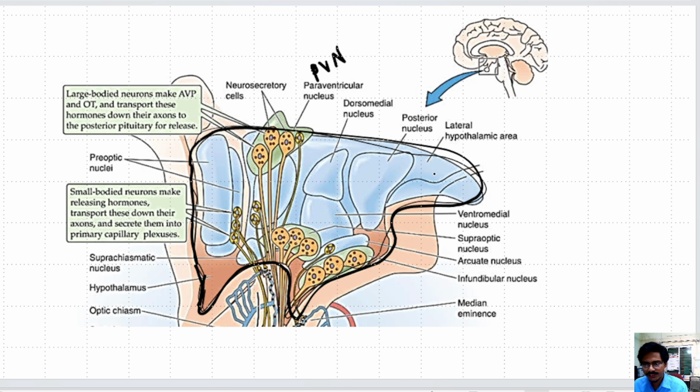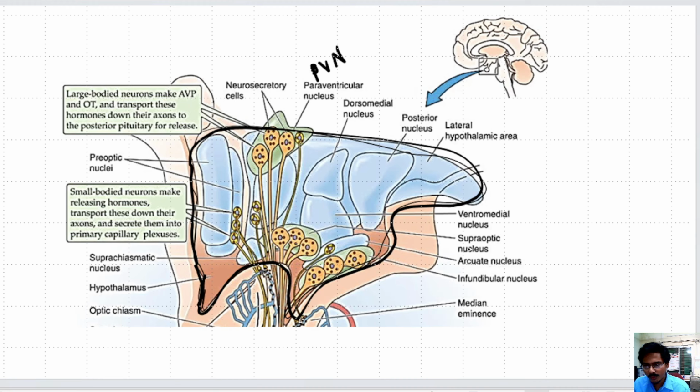And that is the ventromedial nucleus, supraoptic nucleus, and the arcuate nucleus, infundibular nucleus. This is the green region. In that region is the infundibular nucleus, and on that side are the preoptic nuclei, and that is the suprachiasmatic nucleus or SCN.